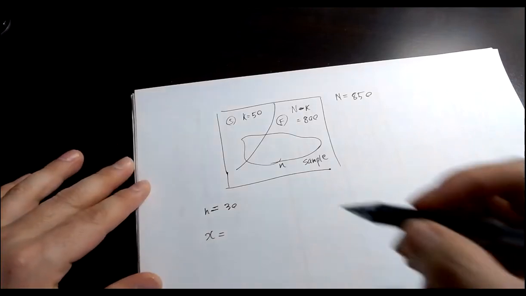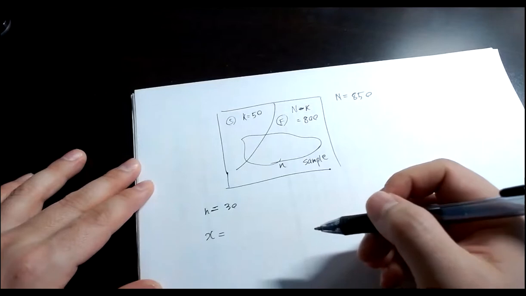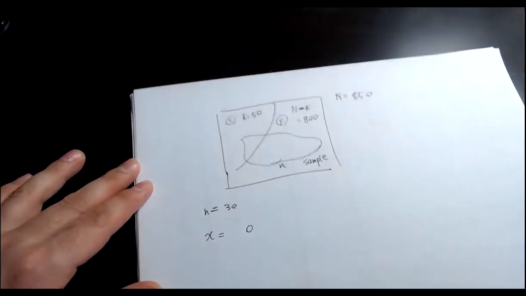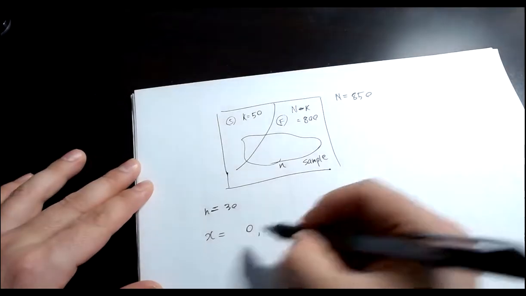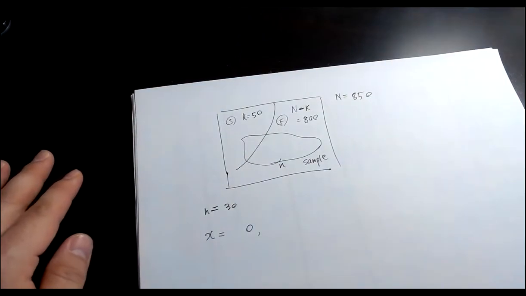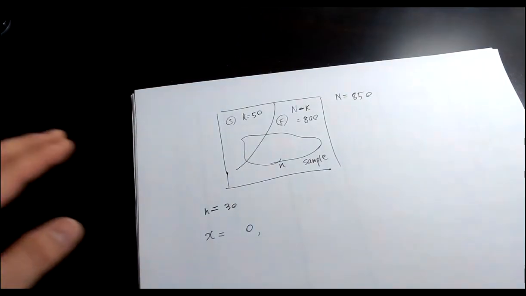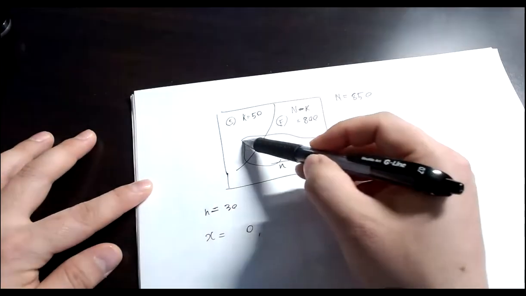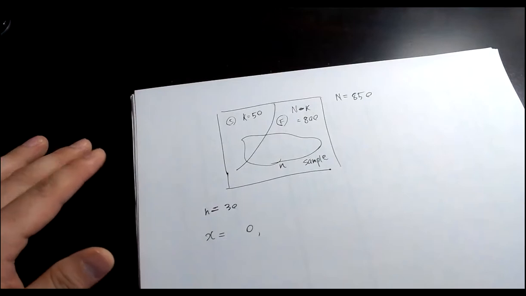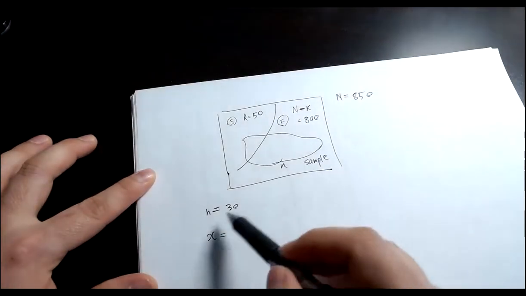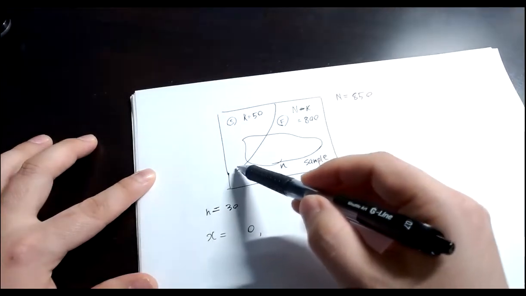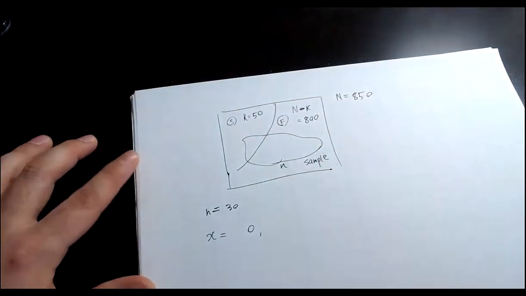And x can be, at the minimum, 0. Maybe in the sample there are no non-conforming parts. Even though n equals 30, maybe we just select 30 parts in that region. Does it make sense, right?